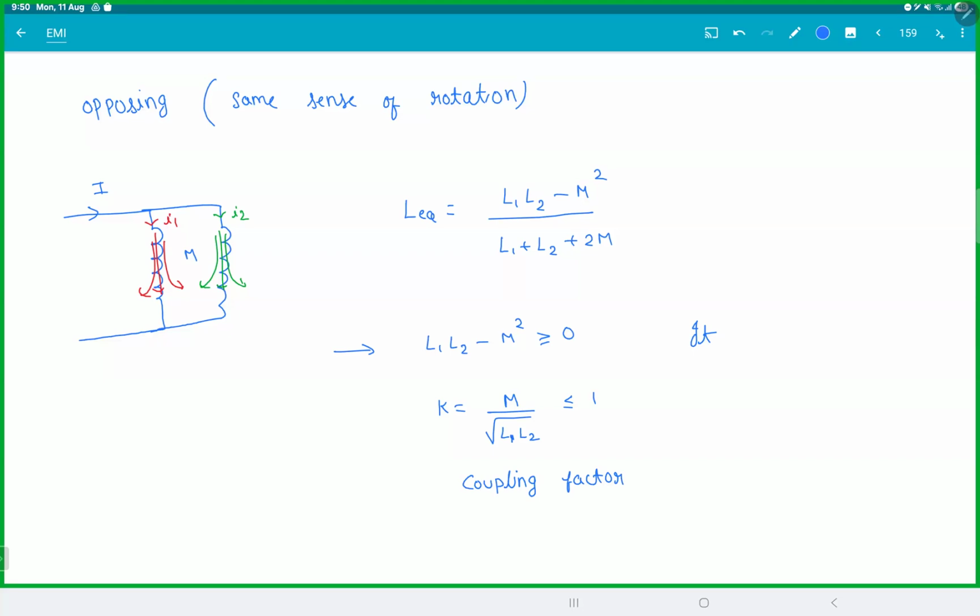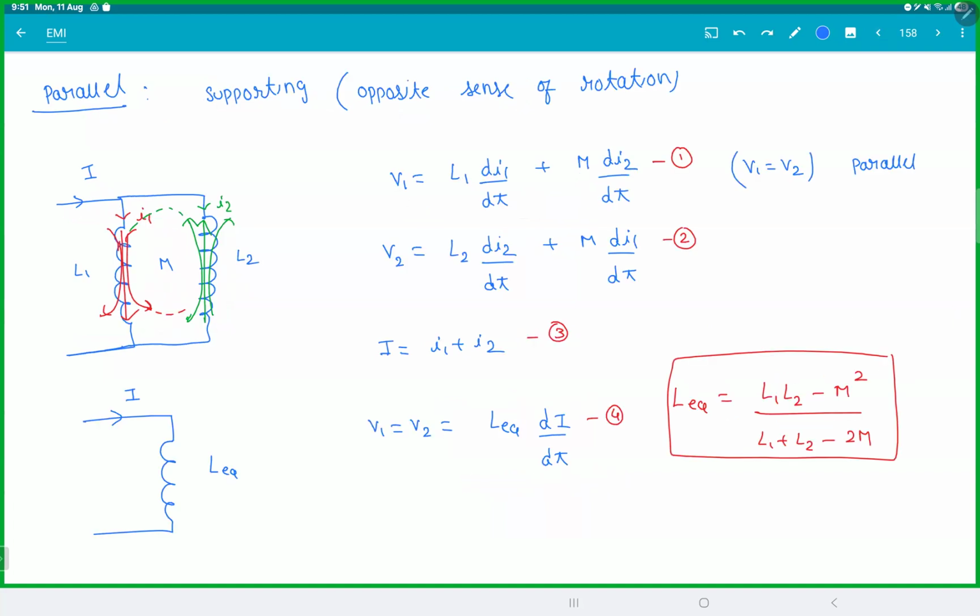If K is equal to 1, the fluxes will enter perfectly, meaning all the flux from one will enter into the other one. Yeah, that's about the parallel thing. Clear with this?